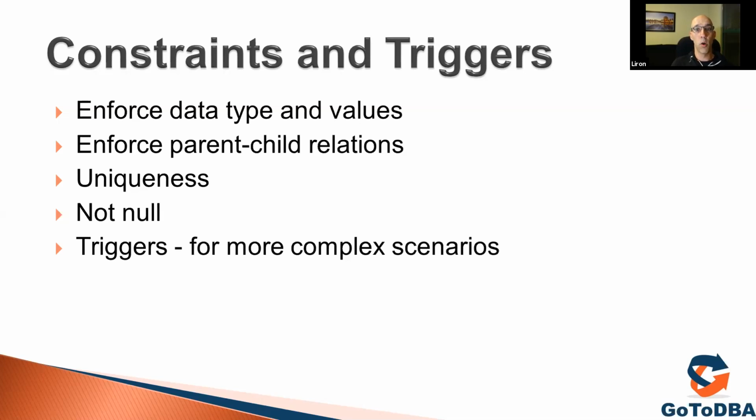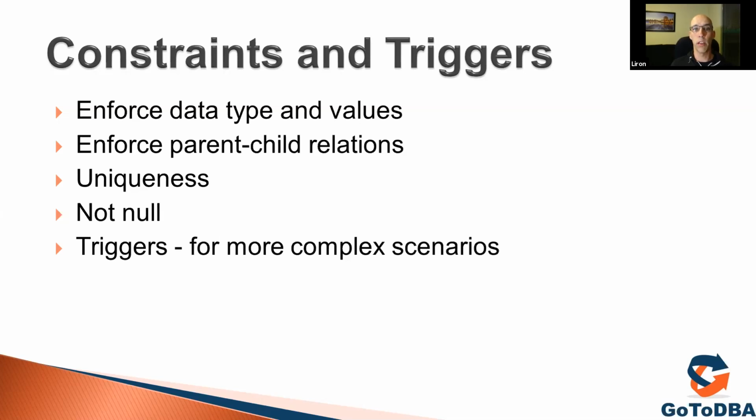In more sophisticated or more unique cases, we can use constraints for all kinds of integrity enforcement. For example, if true or false, or 0 and 1, are the only valid options, we can easily have a constraint to verify that these are the only values entered into this column.